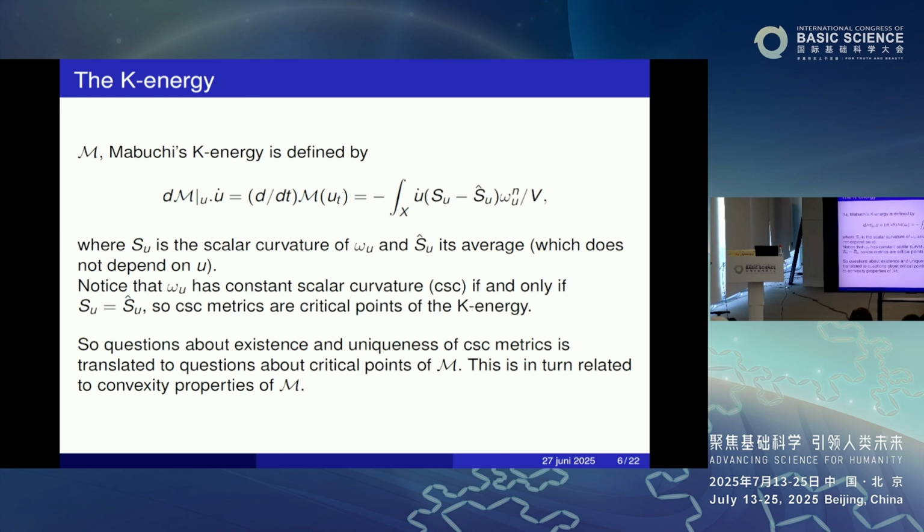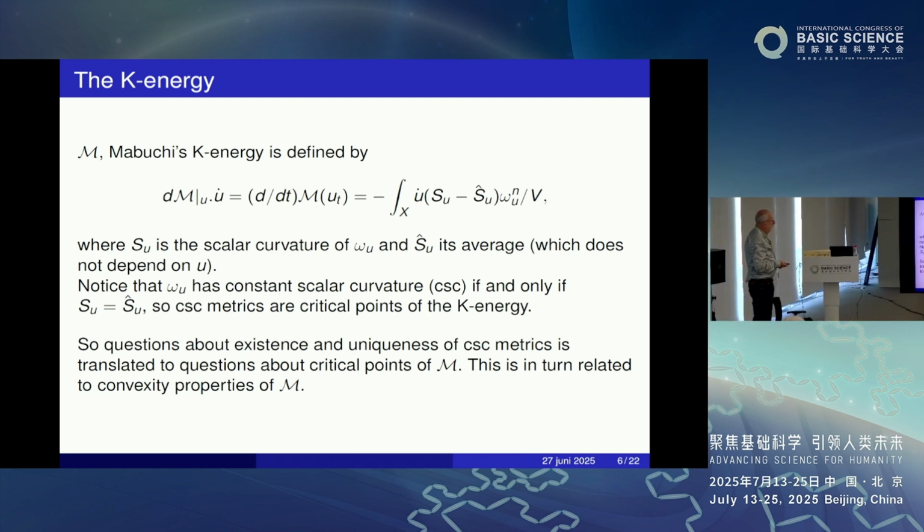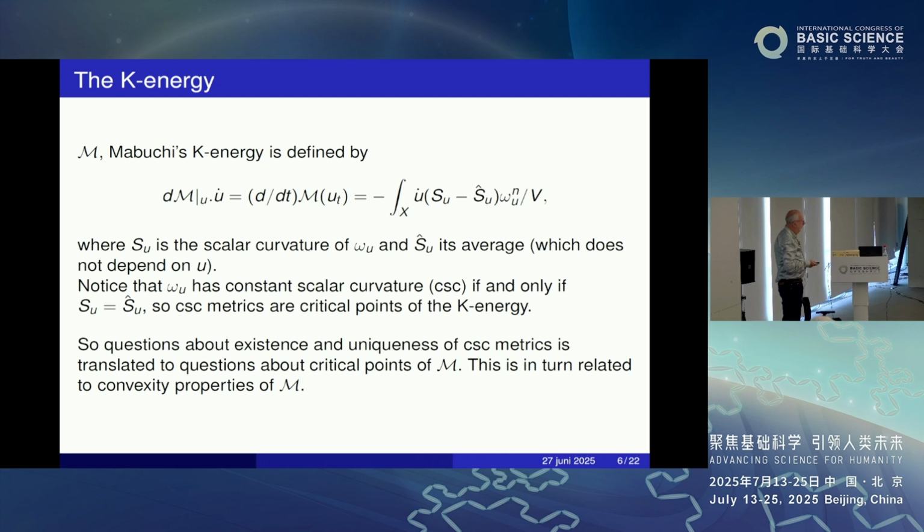And this does not depend on u, certainly. There are two main points actually in the definition of this Mabuchi K-energy. One of them is that the critical points of this functional are precisely the points where S minus S hat is equal to 0, so the scalar curvature is constant.